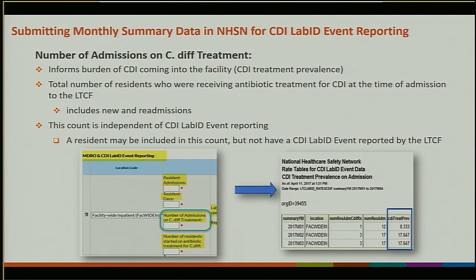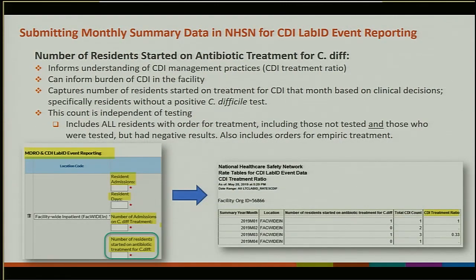And this is just an example of information that you can get from the analysis section. So you can look at your CDI treatment prevalence to look at the percentage of residents coming in on that treatment. And that, again, helps you to assess the burden. Number of residents started on antibiotic treatment for C. diff. So this informs an understanding of your management practice.